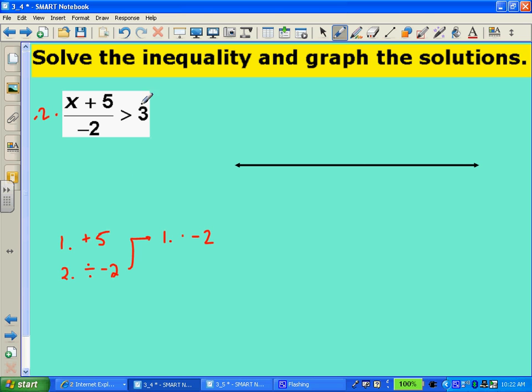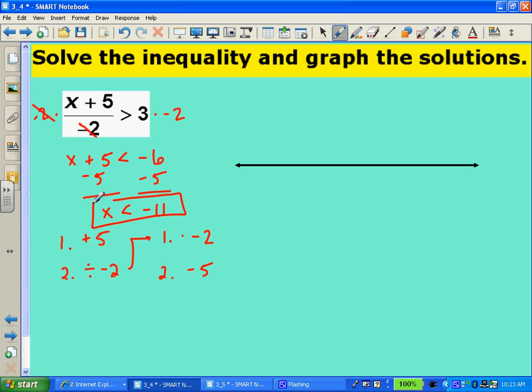Now hopefully there's a little alarm going off in your head right now telling you that you're multiplying by a negative number. And when I multiply by a negative number, just like we learned in the last section, I have to flip the sign. So I'm going to go ahead and do that. Then my second step, -5. So then I have -6 minus 5, which is -11.